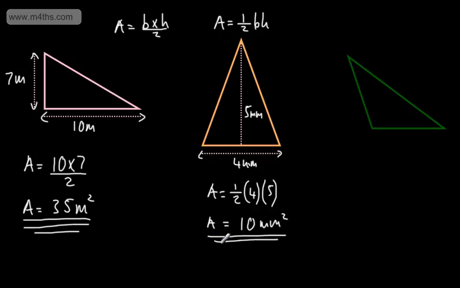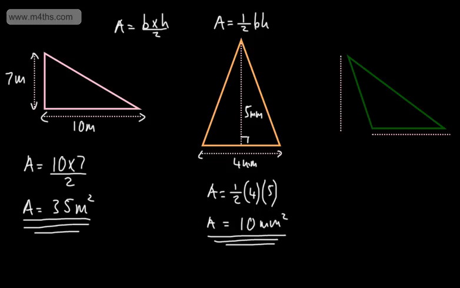So all I've done is found the base and the perpendicular height. Remember, perpendicular means at right angles. So as long as these are at right angles, we can use this formula. If I look now at this one just here, let's put a base on, and then our perpendicular height would be this length right here.